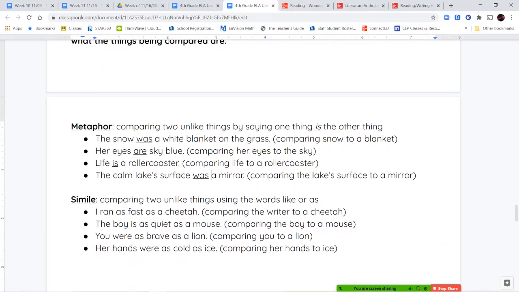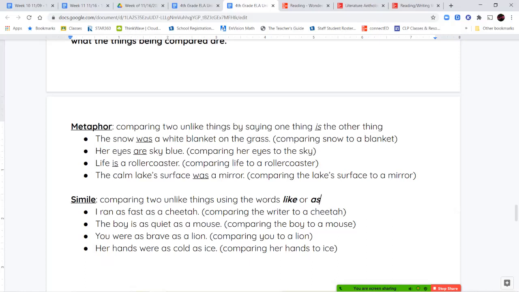A simile is different. A simile tells you that one thing is like the other thing, and it uses the words like or the word as. So these are the 2 words that you're going to look for, and these are going to tell you that it's a simile.